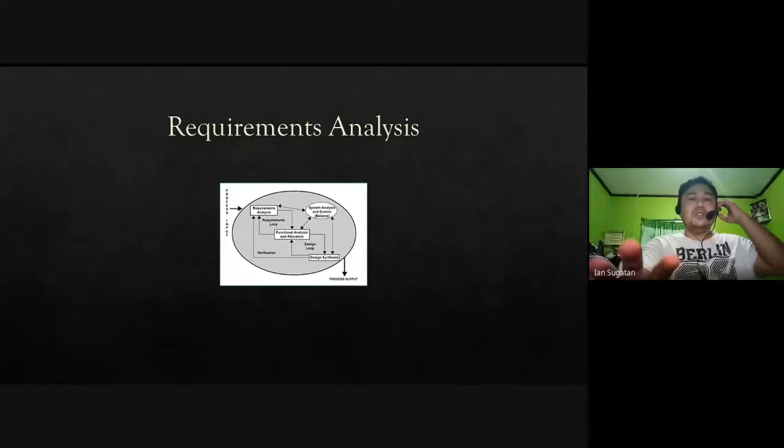So your goals and objectives must be defined accordingly. Why? So that the requirement is very much defined. You know your goal, and how to get to that goal. So that is eliciting requirements.